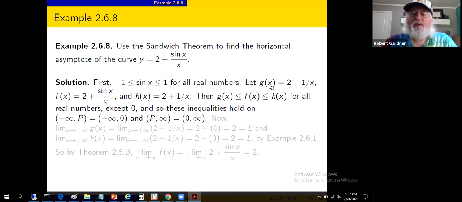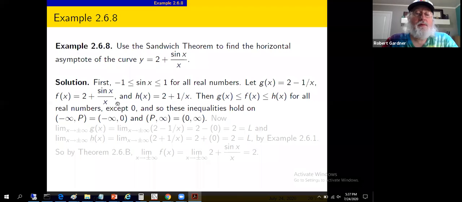So let's define a g of x function to be 2 plus negative 1 over x. I'm replacing the sine function with its lower bound of negative 1 and getting 2 minus 1 over x. And let's replace the sine function with its upper bound of 1, and we'll get 2 plus 1 over x for h of x. We can view them as 2 plus negative 1 over x, and 2 plus positive 1 over x, with the negative and the positive playing those roles.